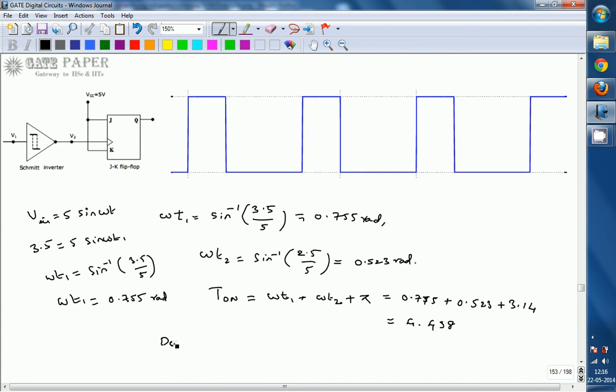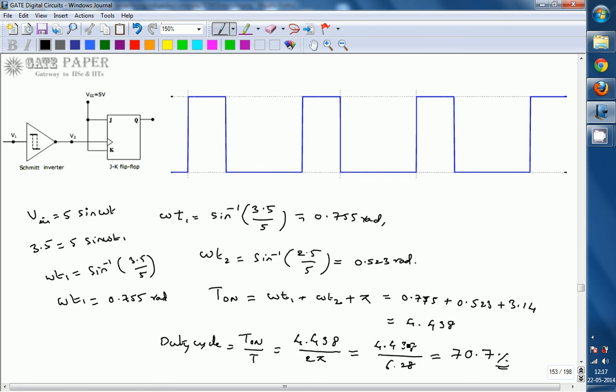The duty cycle of this waveform is T on divided by T. T on is 4.438 radians, divided by 2 pi. Pi is 3.14, so 2 pi is 6.28. So it will be around 70.7%. So the duty cycle of the output of the Schmitt inverter is 70.7%.